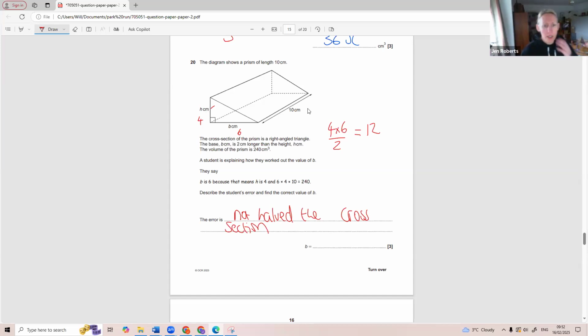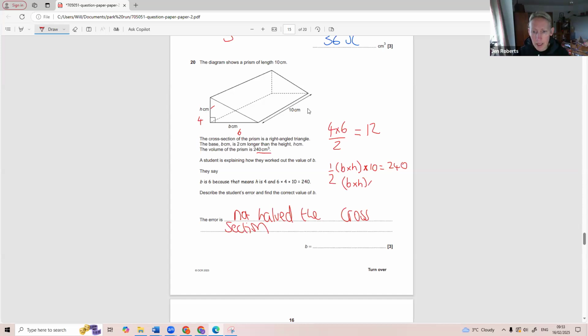Okay, right. What is B? So we know half base times height times 10 is 240. I'm going to times both sides by 2 first to reverse this half.